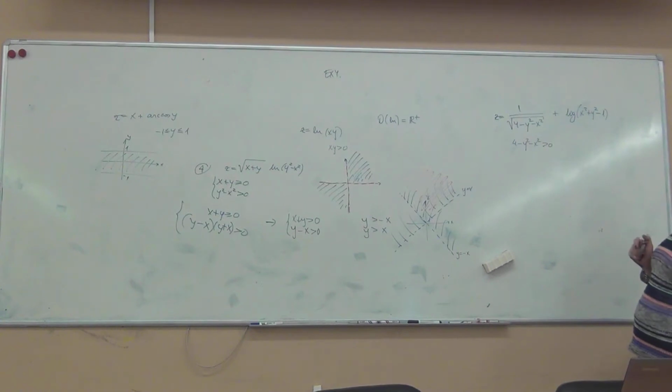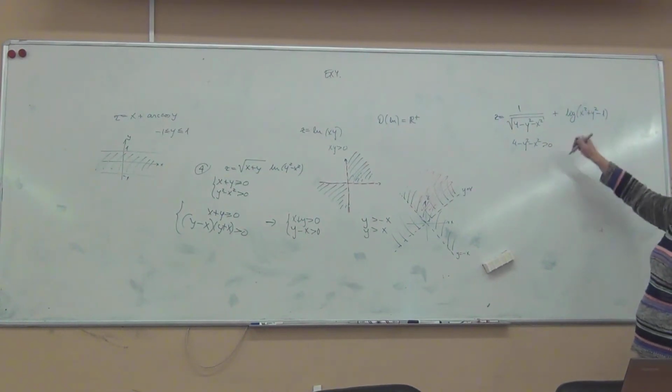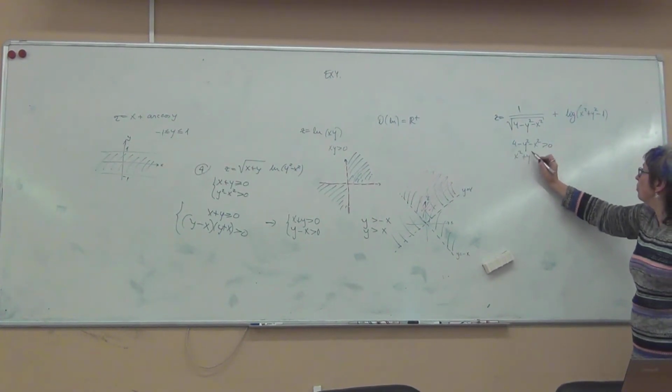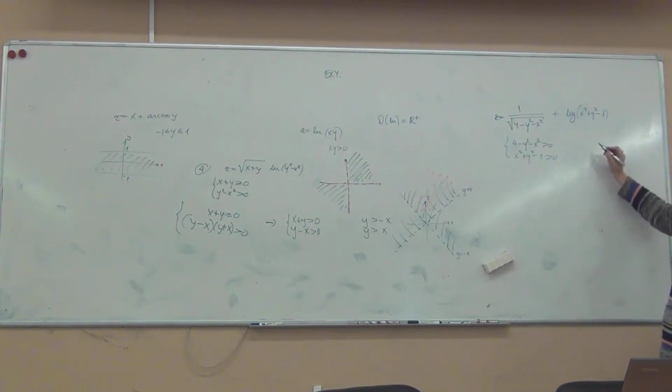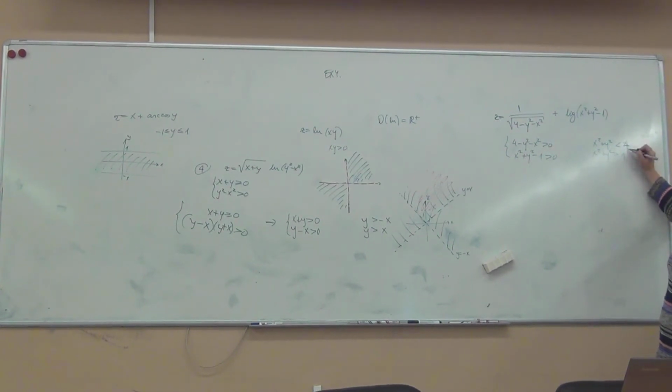Cannot divide by 0. And from the logarithm, of course, x squared plus y squared minus 1 has to be strictly positive. Now we see x squared plus y squared has to be less than 4, and greater than 1.